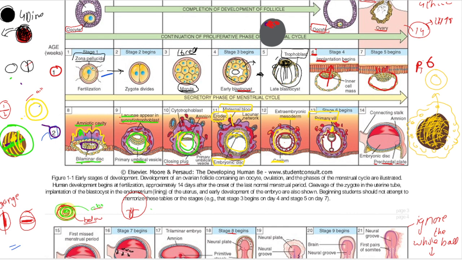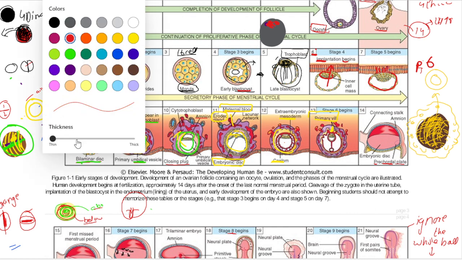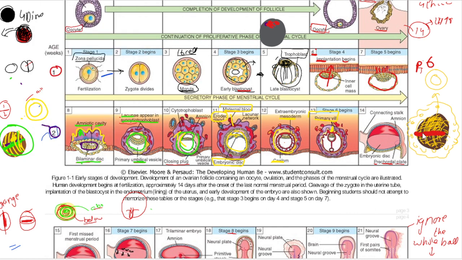If this is the ball, and you divide this ball, cut this ball, the space above the ball is called the amnion. This is the amnion, and the space below is called the umbilical vesicle.